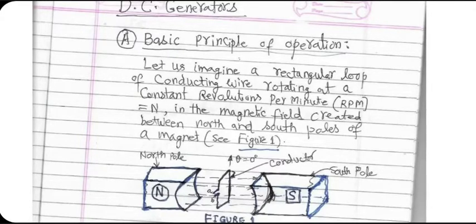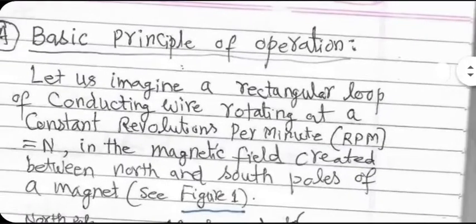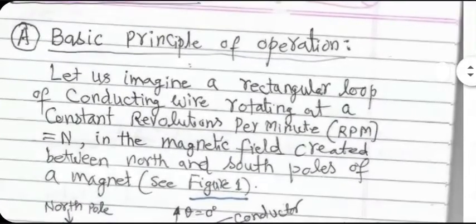Let this loop be rotated at a constant speed of rotation. The speed of rotation is typically measured in a unit called revolutions per minute, RPM. An associated acronym is RPS, which means revolutions per second.